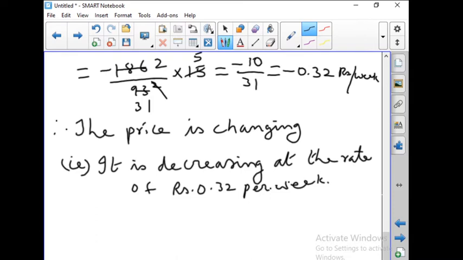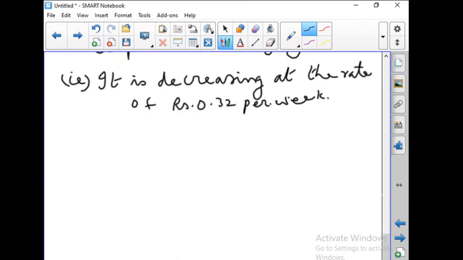When you write decreasing, you should not put minus here. Remember that. Okay, we'll go to the next example.